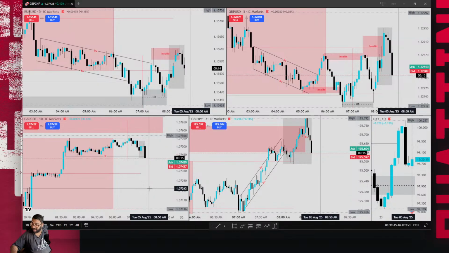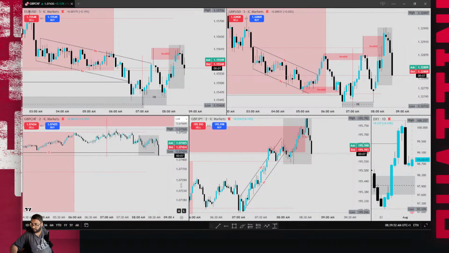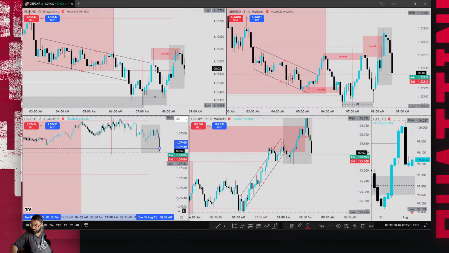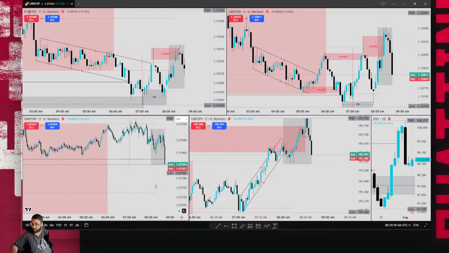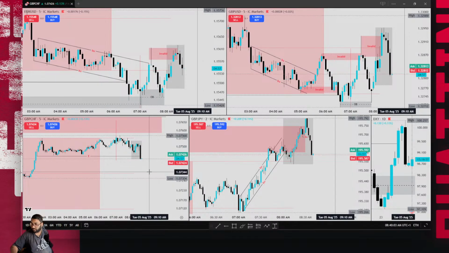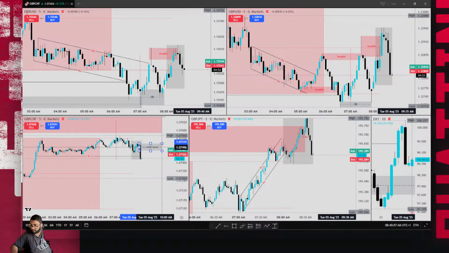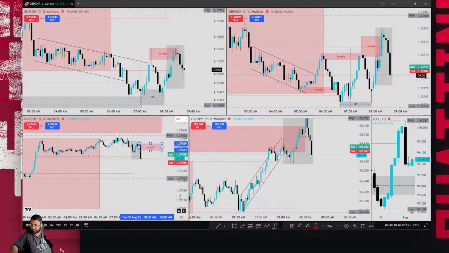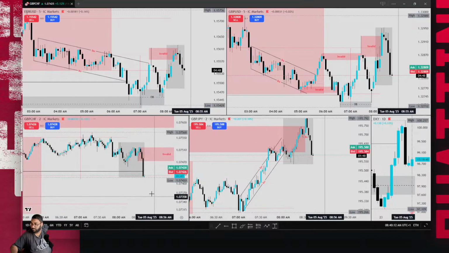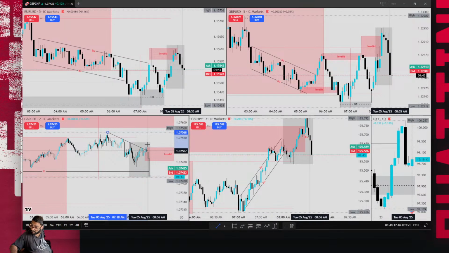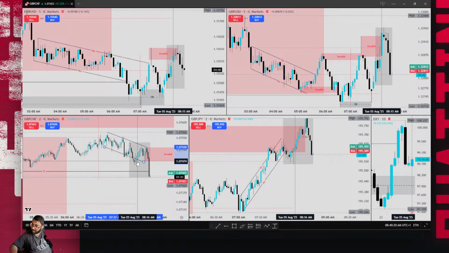There you go, it's took that zone now. And then would you look at that?